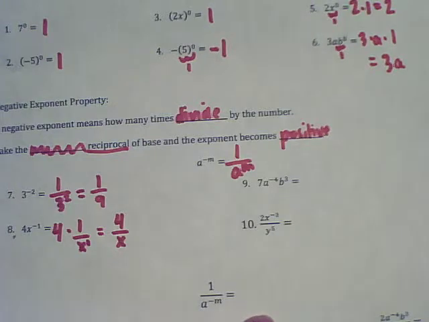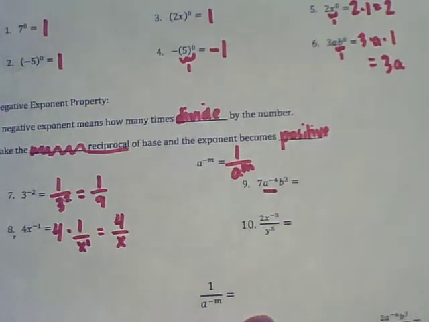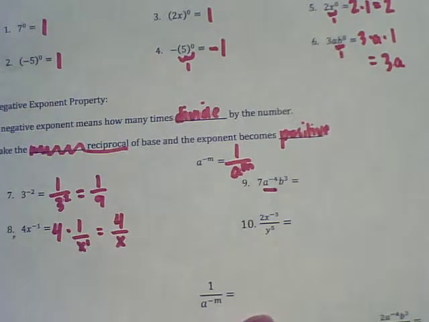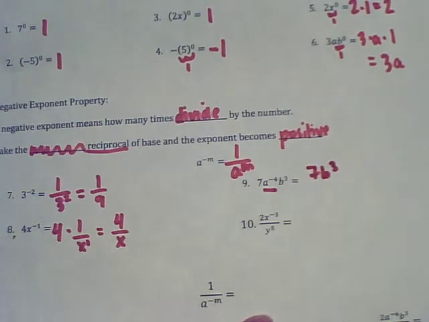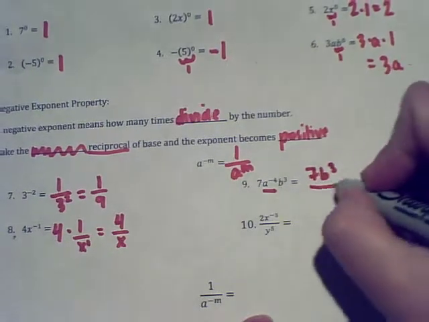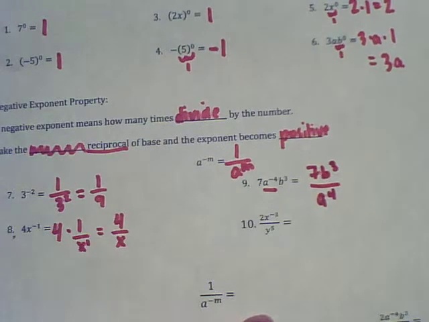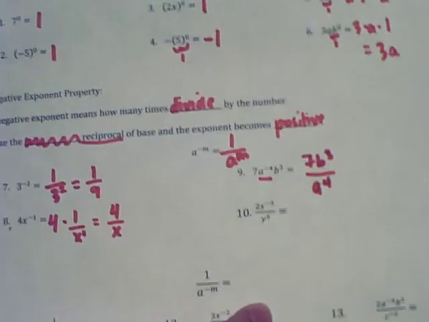On number 9, the a to the negative 4 is the only piece with the negative exponent. So that's the only piece that I'm taking the reciprocal of. So 7b cubed stays in the numerator, and then I move a to the 4th to the denominator because that's taking the reciprocal and making it positive. So basically we're switching locations. If it was originally in the numerator, we'll move it to the denominator, and vice versa.